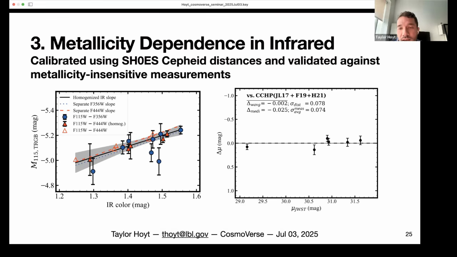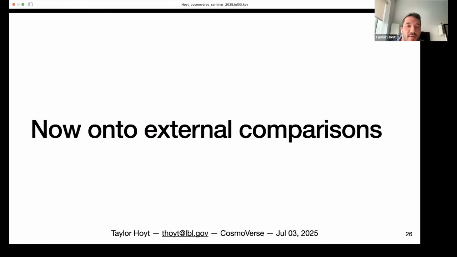And on the right-hand side is a comparison of these new color-corrected infrared TRGB measurements with the I-band metallicity-insensitive measurements. And the agreement is quite good, about 1% or better in distance, which is about as much as we can say with just 6 galaxies to compare. But there's no evidence that there's an issue in the metallicity calibration.